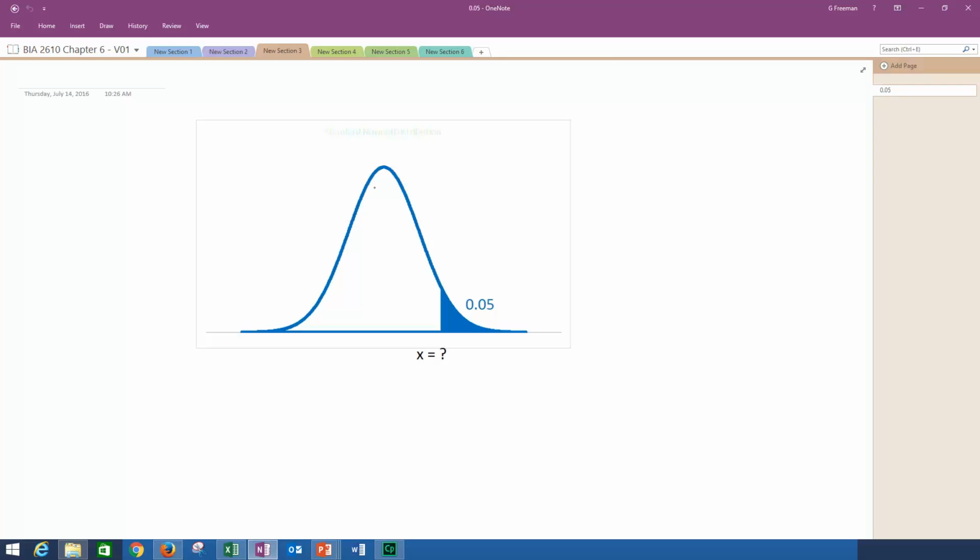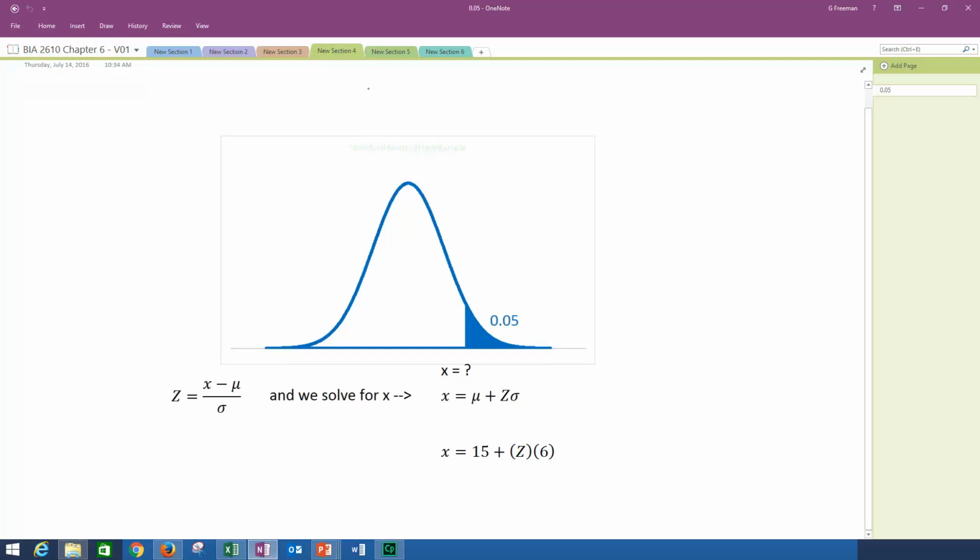So let me see if I can get over to this next one. And we want to figure out what the value of x is so that we get 5% to the right of it. And you can just take the formula for z, solve it for x, and you come up that x is equal to mu plus z times sigma. And then we can plug in what we know mu is. We can plug in what we know sigma is. And we've got to figure out what z is from the table.